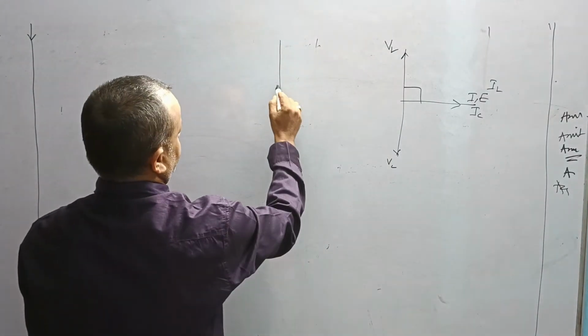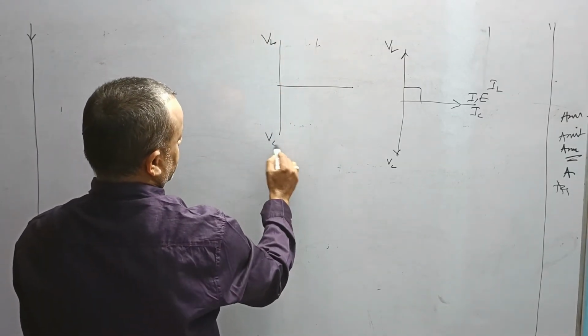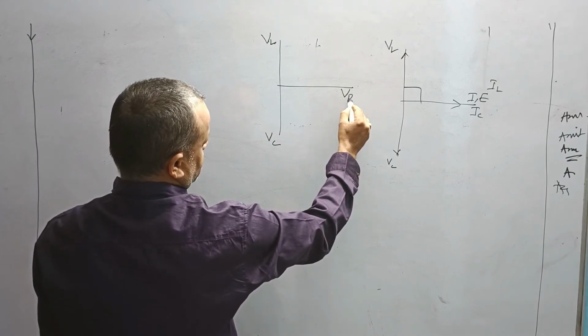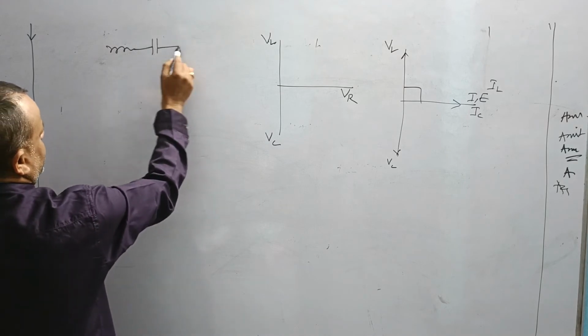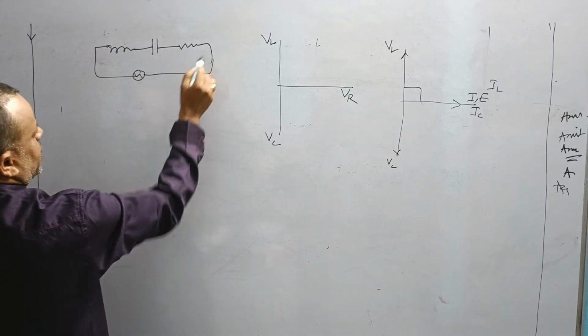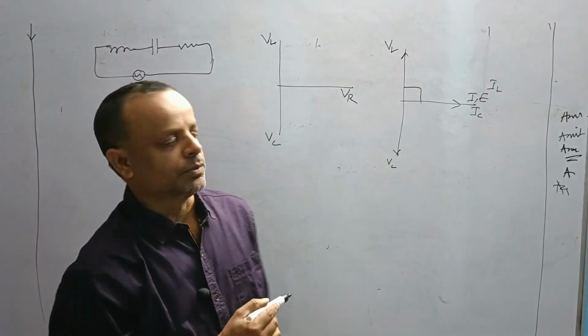Let us suppose this is potential across inductor, this is potential across capacitor, this is potential across resistor. So when we have to calculate the total potential across this LCR circuit, we cannot add algebraically because there is a phase difference between them.